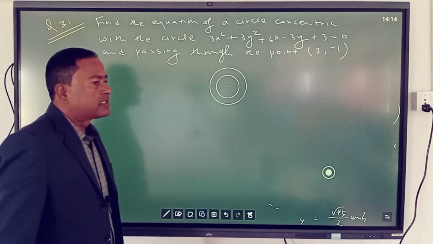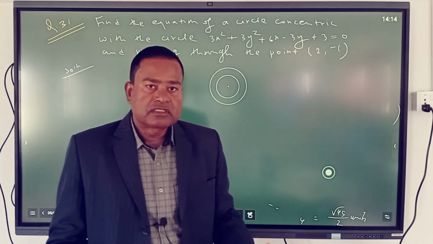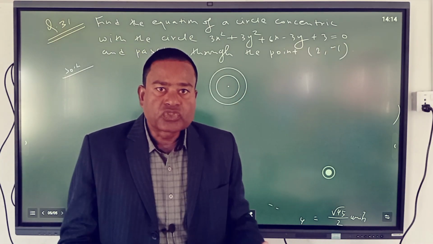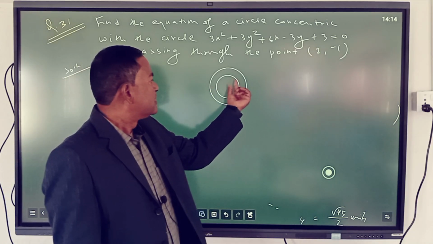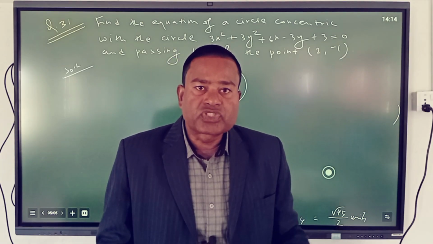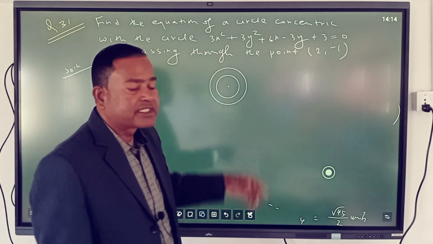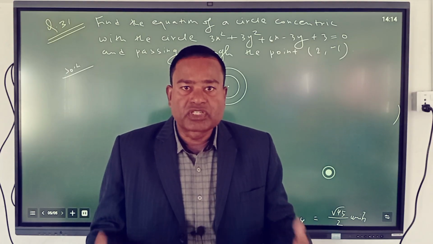By taking the same center, I have drawn another circle. So now we have got two circles with the same center, but the radius are different. So these two circles are called concentric circles.